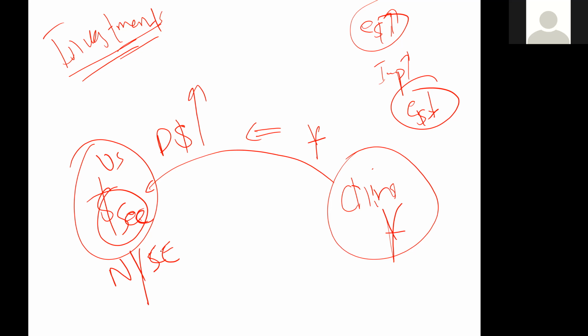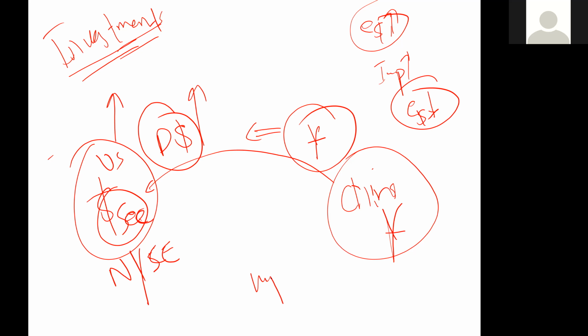So in that case, Chinese are investing in the US as well. What does it mean? Chinese are converting their yuan and causing demand for dollars because they want to buy more dollars.